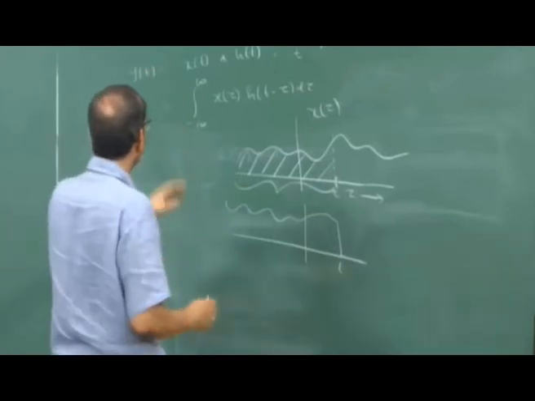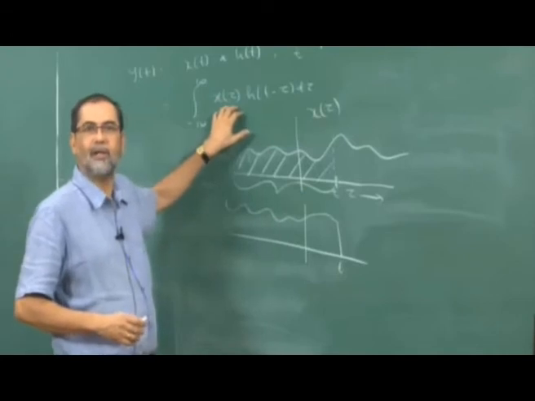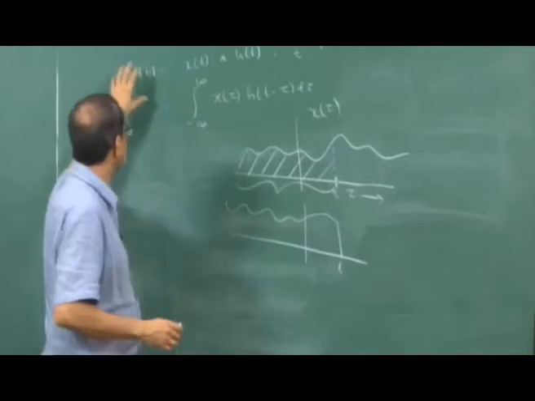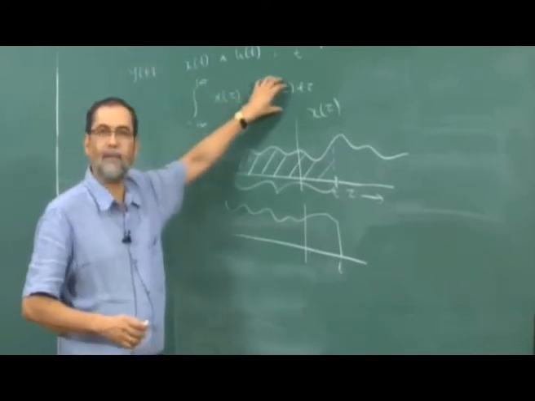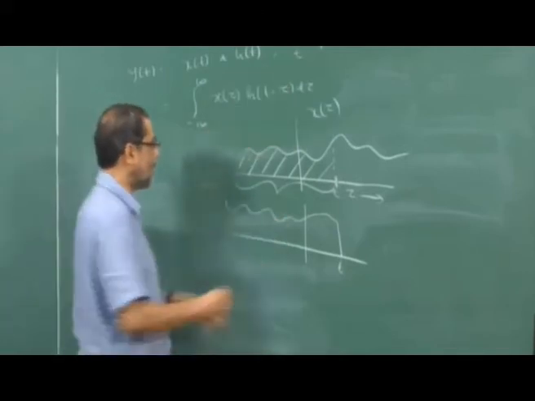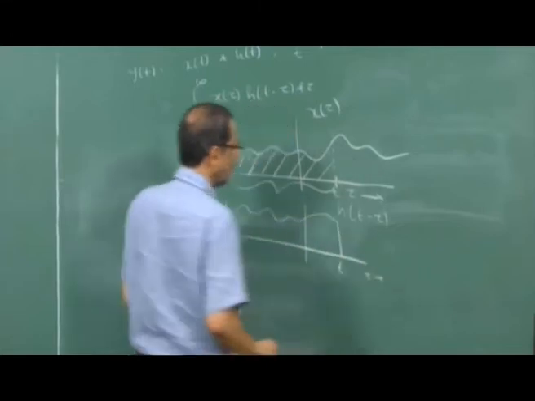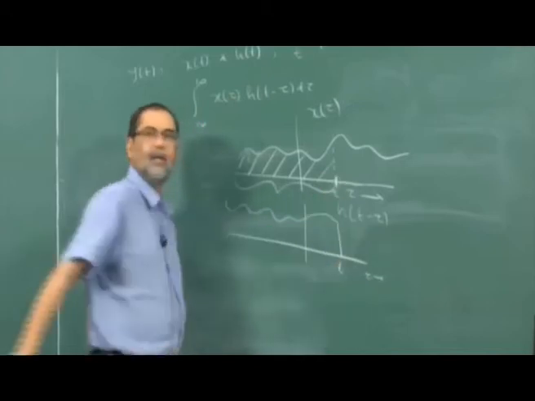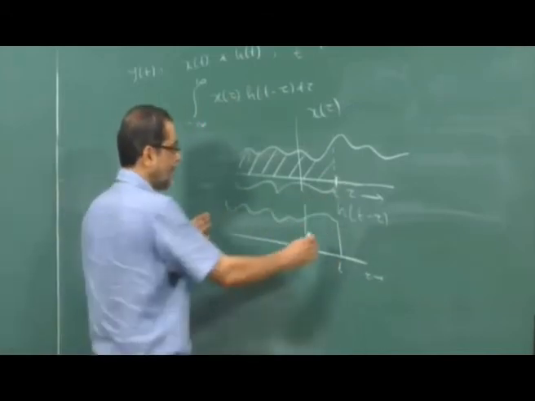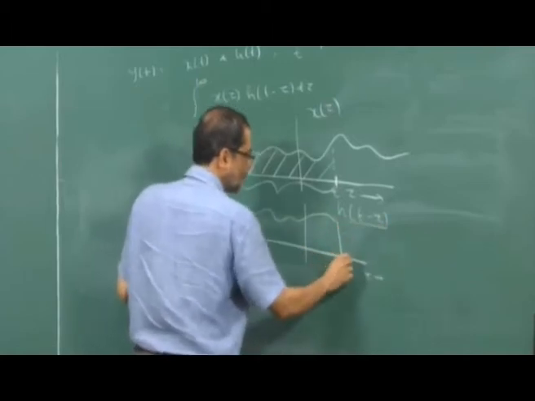So let us see now how that relates to the convolution relationship with the output. I have defined output as input convolved with the impulse response. So I have shown here h of t minus tau. If I want my output to depend only on up to time t, then my h of t minus tau should be 0 here.